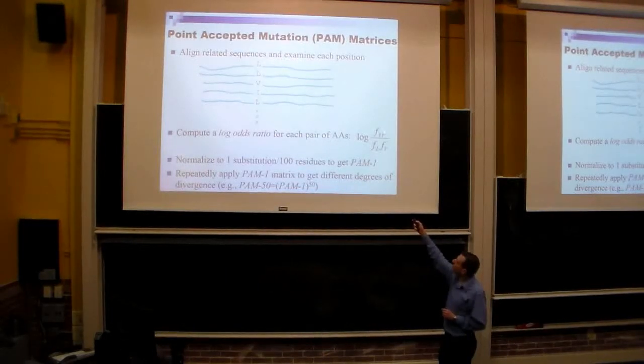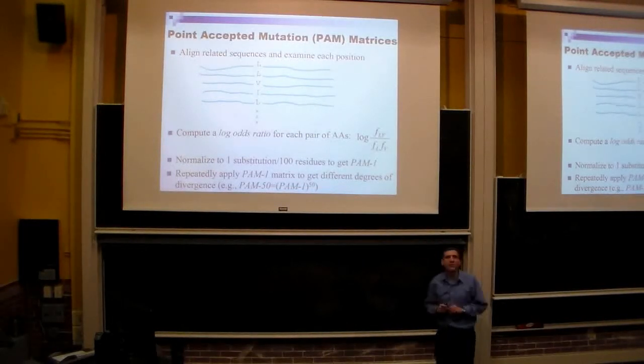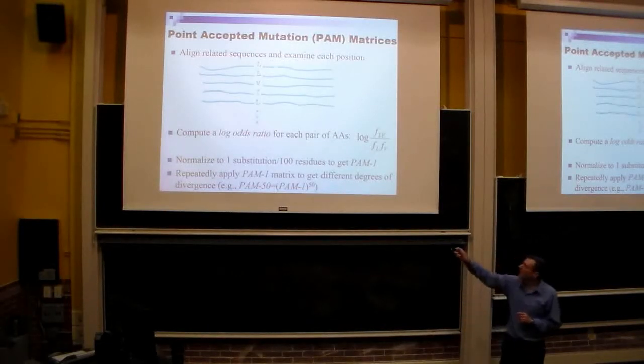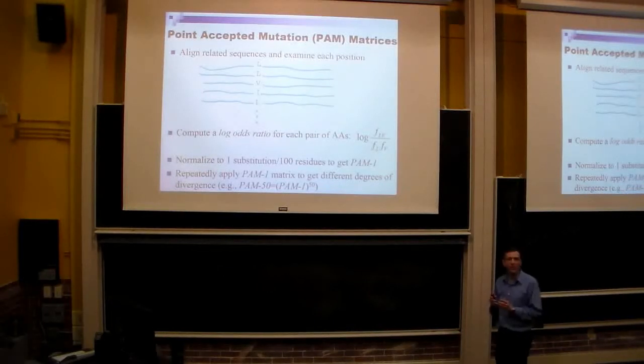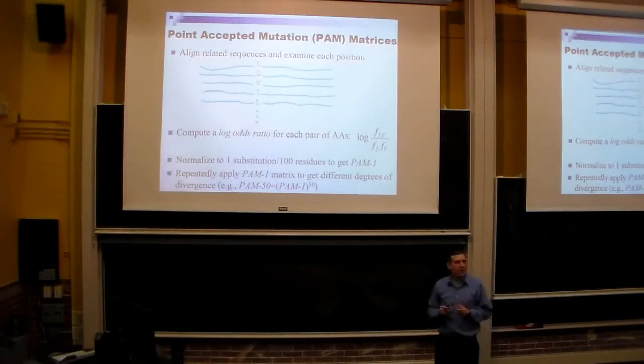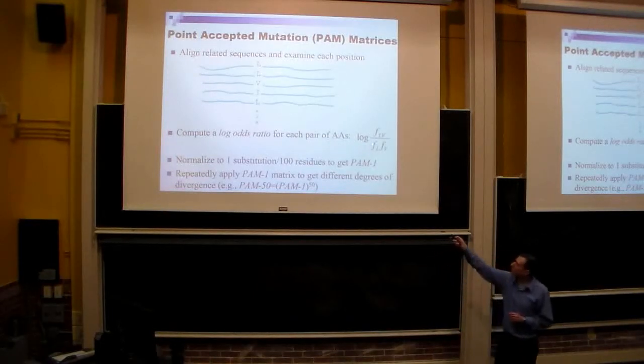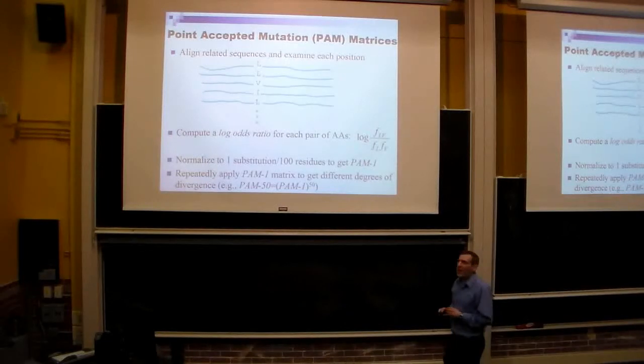Encode that in a frequency, f sub LV, let's say, for the frequency with which we see an L aligned to a V over all our pairs of sequences and all our positions of alignment. We would then want to see where that falls relative to the overall frequency of L and the overall frequency of V in our proteins.